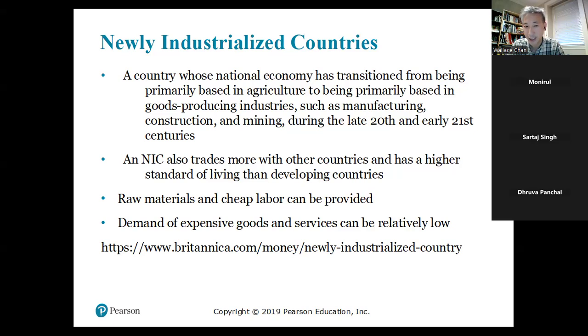NIC also trades more with other countries and has a high standard of living compared to the developing countries. Raw materials can still be provided. Labor is still relatively cheap compared to, for example, emerging markets and developed countries. Demand of expensive goods and services can still be low because the middle class is not large enough.